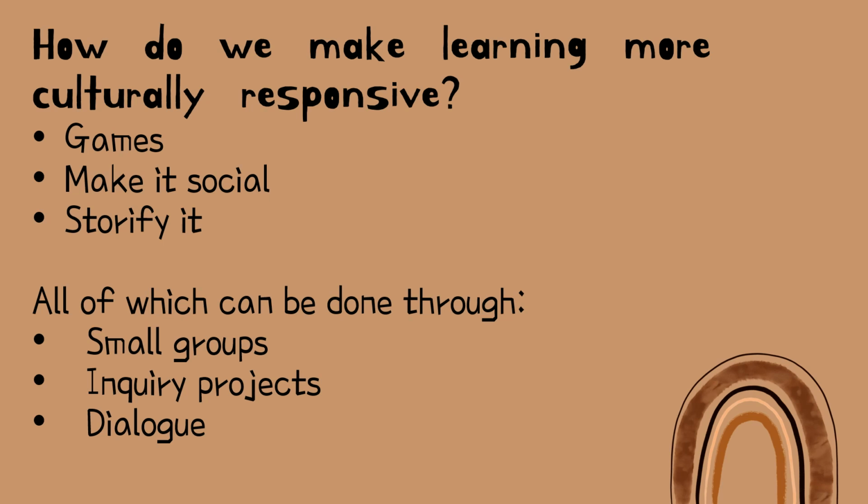All of these, games, making it social, turning it into a story, can be done in a variety of ways, like small groups, inquiry projects, and dialogue like classroom discussions. So a lot of play can go here, and we can use it how we see fit.